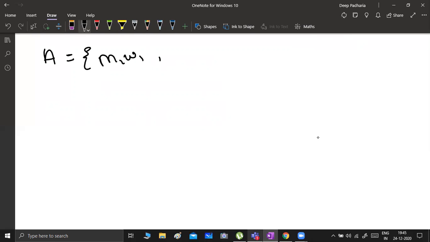It will be M1 W1, M1 W2, M2 W1, then M2 W2, and M3 W1. Also, we can include two women, because it says at least one. So we can include two women as well.